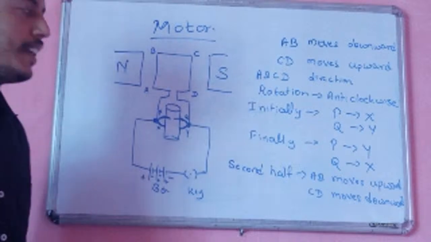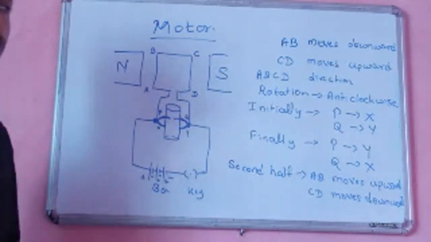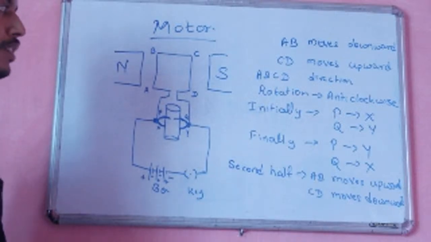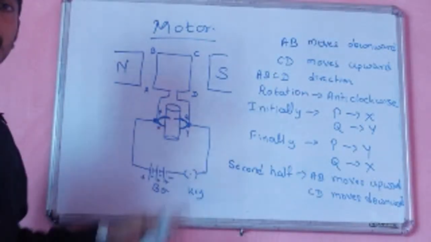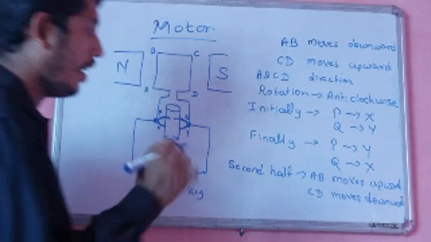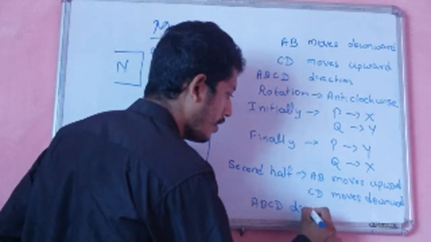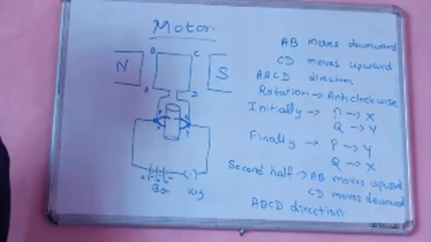In the second case, RAB moves upward and RCD moves down. Now in this case, again, due to the interchange of the position of the split rings, the current again flows in ABCD direction.